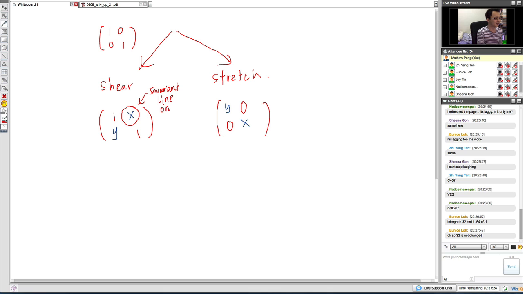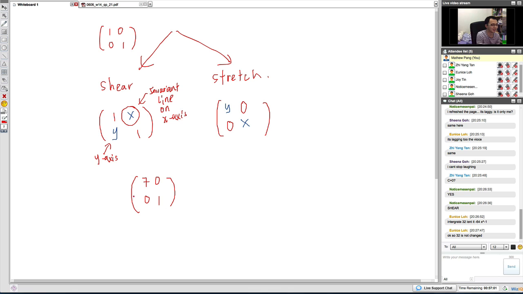So for the full answer, I will write first the shear because of the position of 7, and skew factor equals 7 because of the number 7, and because of the position, I know the invariant line is on the y axis. 1 mark for this one, 1 mark for this one, and 1 mark for this one.